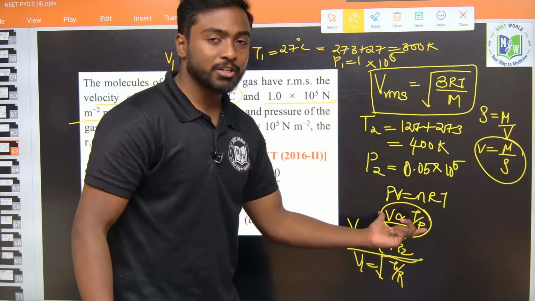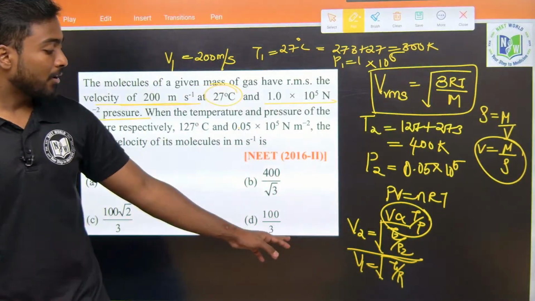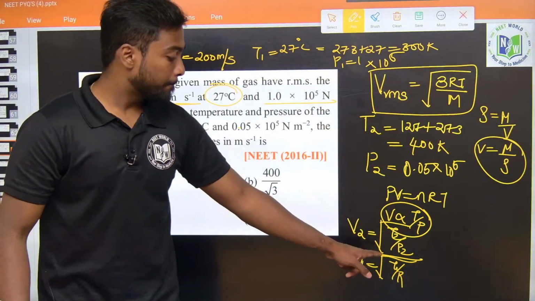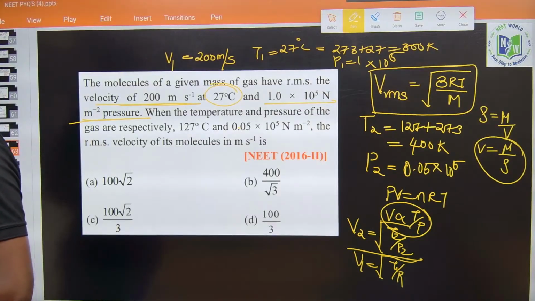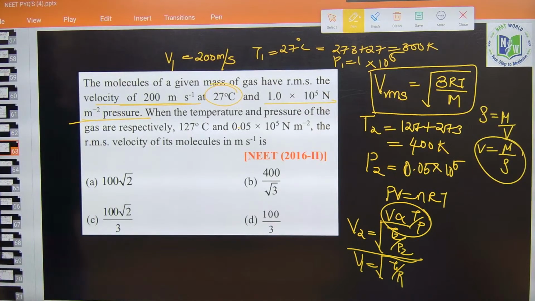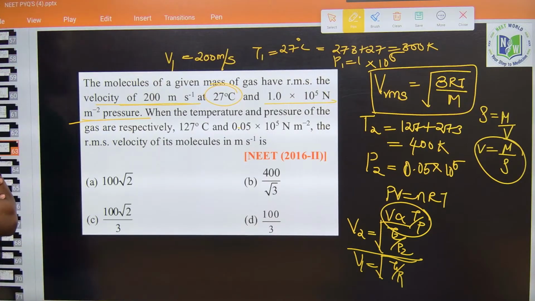So by the substitution, I will get the formula V2 by V1 is equal to root over T2 by P2 divided by root over T1 by P1. So I hope you got the thing, whatever they have asked in the question, right? We'll go for the next one.